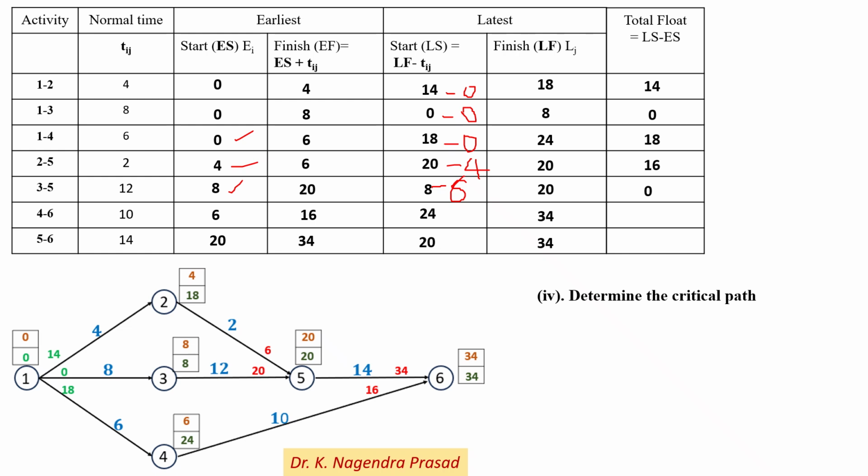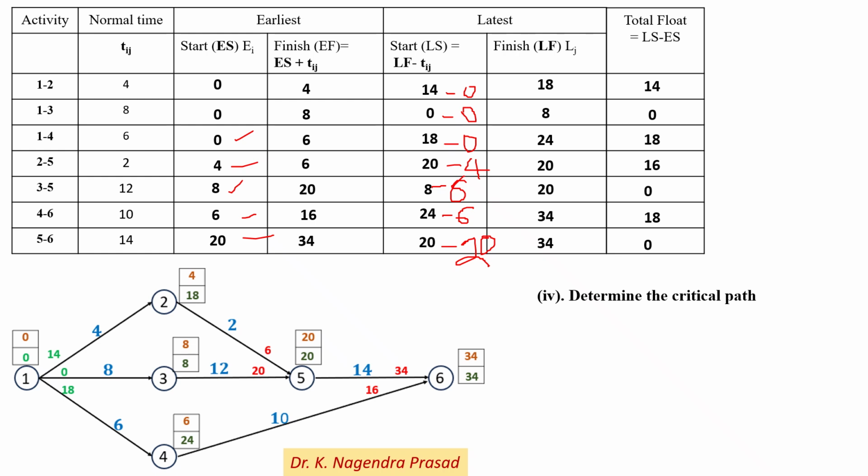Next for activity 4 to 6, the latest start time is 24 and the earliest start time is 6, so 24 minus 6 is equal to 18. Next for activity 5 to 6, the latest start time is 20 and the earliest start time is 20, so 20 minus 20, the total float is equal to 0.